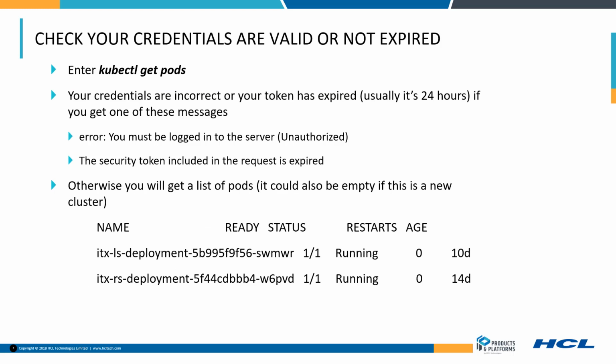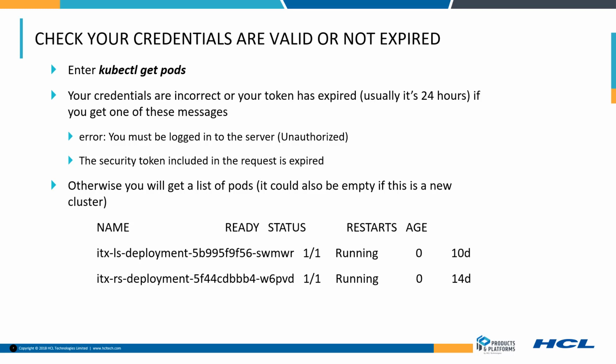Then run the kubectl get pods command to see if your credentials are valid. These credentials are usually good for 24 hours unless your AWS administrator has a different expiration policy. If you see these messages below, it is very likely that you're returning to the session the next day and the token has expired.